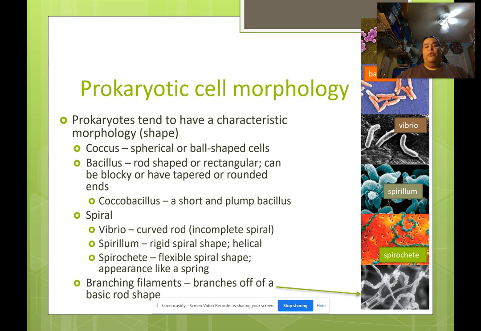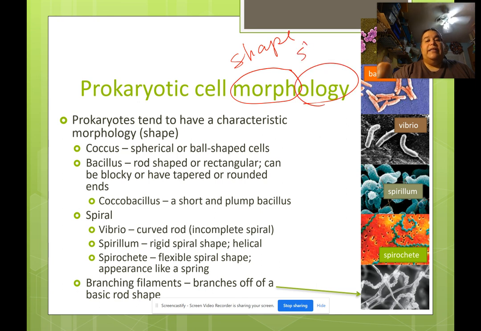So let's talk morphology. Morph is shape. Ology is the study of. So we're going to look at the shapes of these bacteria. Something you have to understand, just in biology in general: if you can learn prefixes and suffixes, you can learn the meaning of a word without having to know the meaning of the word.